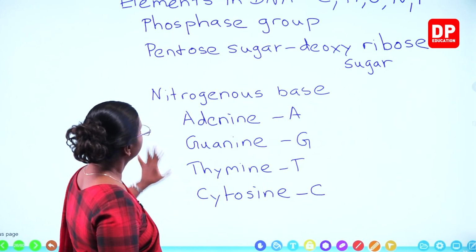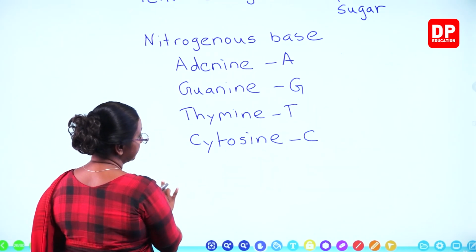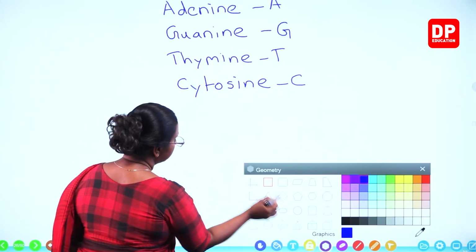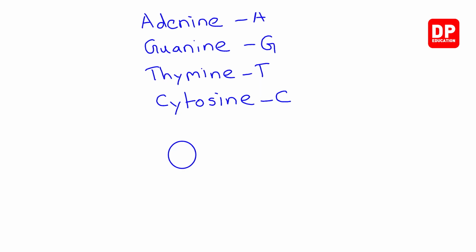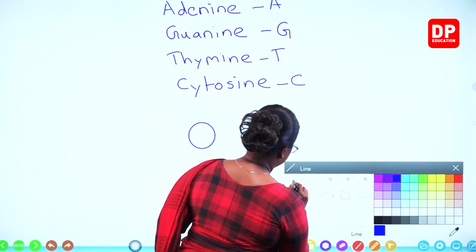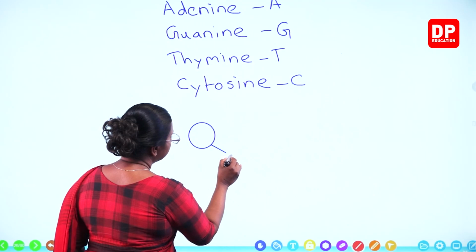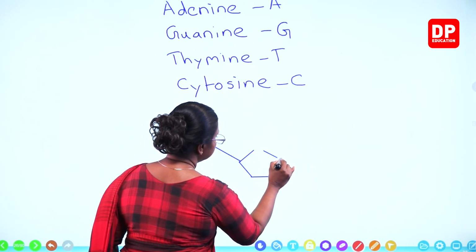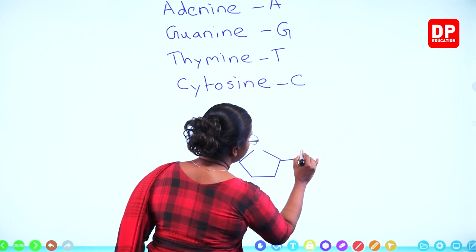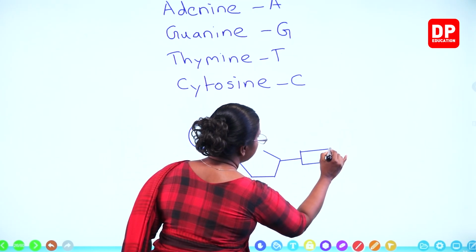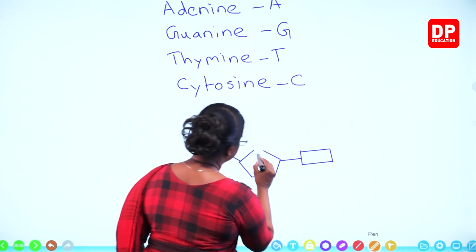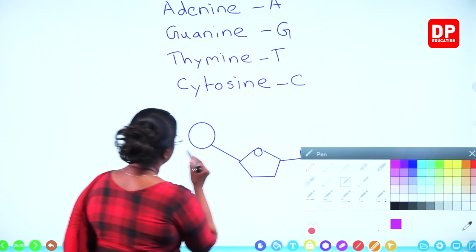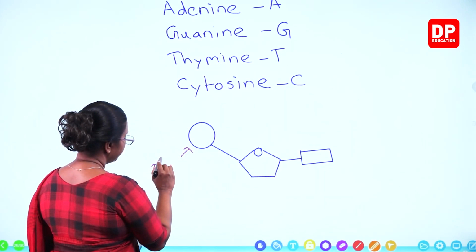So what happens? We have the phosphate group. This is how it combines. You all can remember that. There is a phosphate group that combines with a pentose sugar, and thereafter we have the nitrogenous base. So this is the phosphate group.